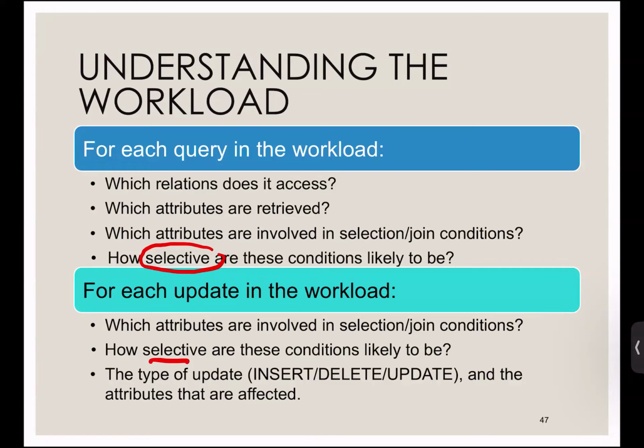And you have to understand that insert, delete, update, scanning, range search, and equality search have different costs. So you have to think about what operation you are building an index for, and for that operation, which one would be the best choice.